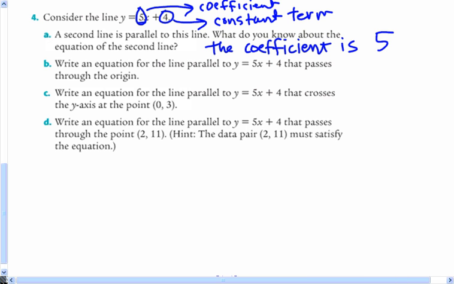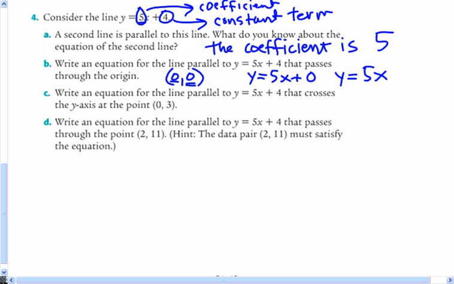If it passes through the origin, that means it passes through the point (0, 0), which means the y-intercept is 0, and we know that because if the x value is 0, then the y value is the y-intercept. So we want y equals 5x plus 0. We want the same slope, just a different y-intercept to be parallel. And we can simplify that to y equals 5x.